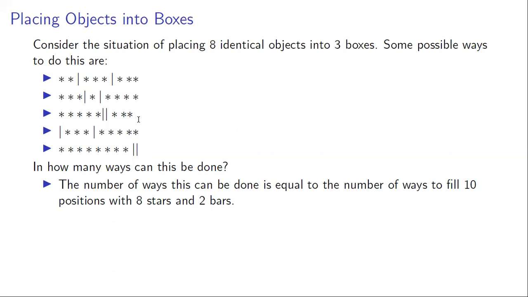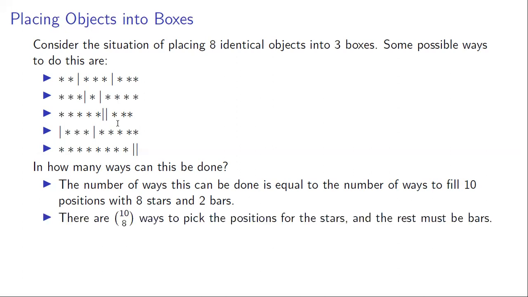So we have 10 positions we need to fill with 8 stars and 2 bars. Again, the number of ways that we can place 8 identical objects into 3 boxes is equal to the number of ways to fill 10 positions with 8 stars and 2 bars, as in these diagrams. So the question is, how many such diagrams can we make? There are 10 choose 8 ways to pick the positions for the stars, and the rest must be bars.